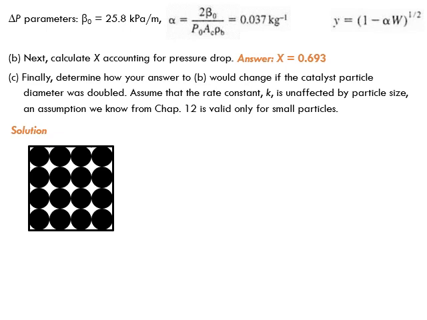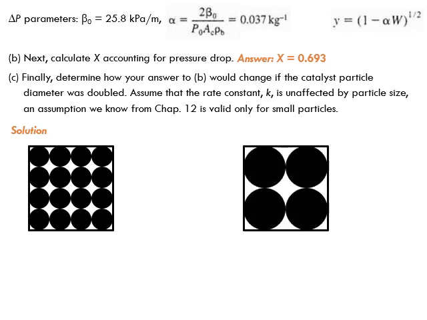Okay, let's look at a schematic plot. In this case, I've drawn the duct as a square duct. However, you know that we have a pipe, I just drew it this way to make my drawing simpler. Okay, so we doubled the particle size. What do you see? Well, obviously, I did not change the void fraction.